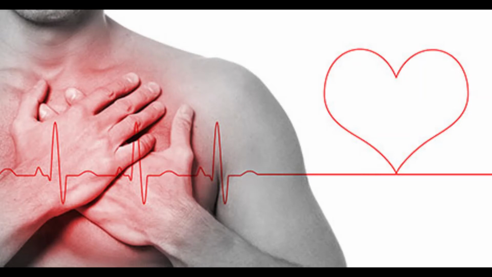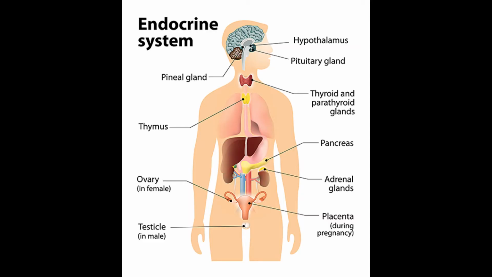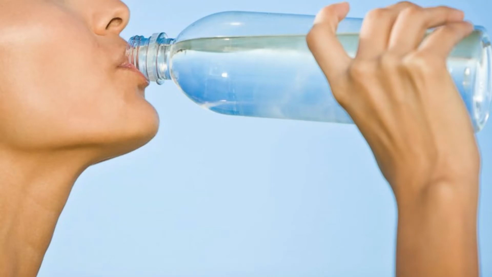Some heart conditions that can lead to low blood pressure include bradycardia, heart attack, and heart failure. Some endocrine problems like parathyroid disease and diabetes can trigger low blood pressure. Dehydration and blood loss can also lead to a severe drop in blood pressure.